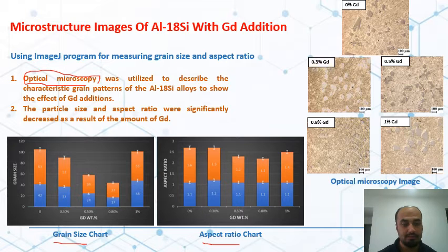As is obvious, the best one with the smallest grain size was 0.8, between 17 to 27, and for 1% it went back like 0%, from 48 to 53. For the aspect ratio, 0% was between 1.1 to 1.6, and for 0.8, it was 1.1.